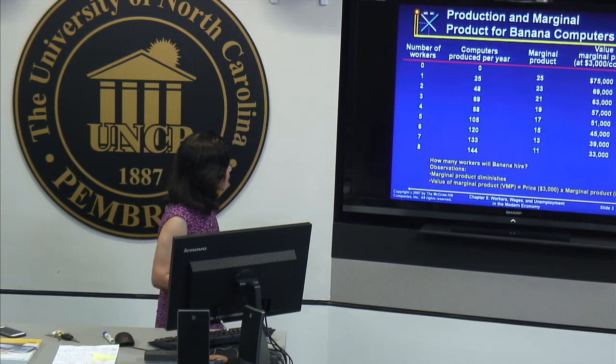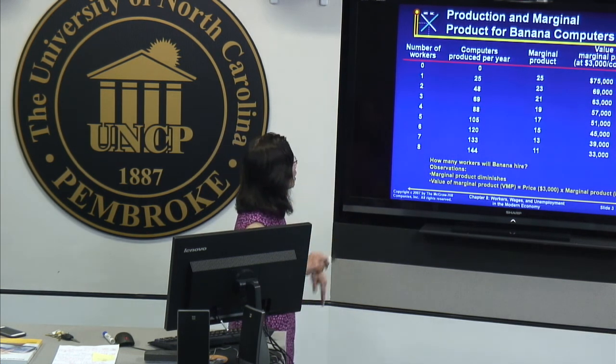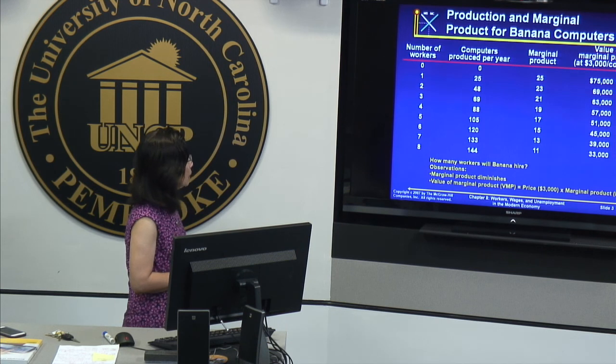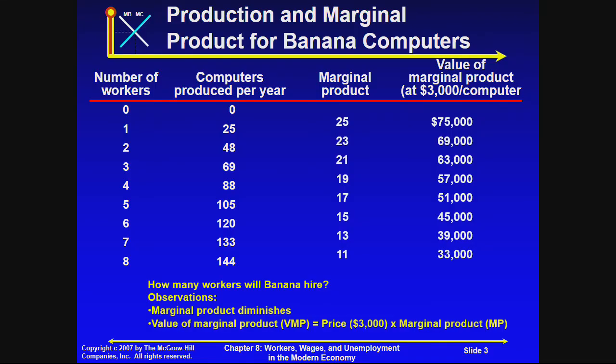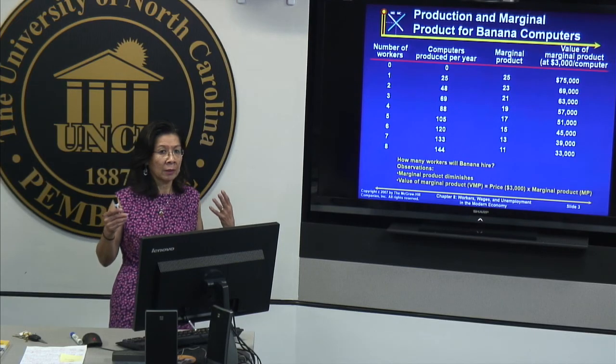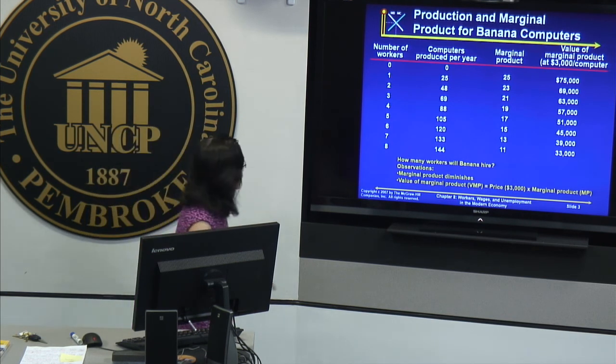We have 4 columns here, and we want to look at the hiring decision of a computer company known as Banana Computers. The decision the company has to make is how many workers should I hire?